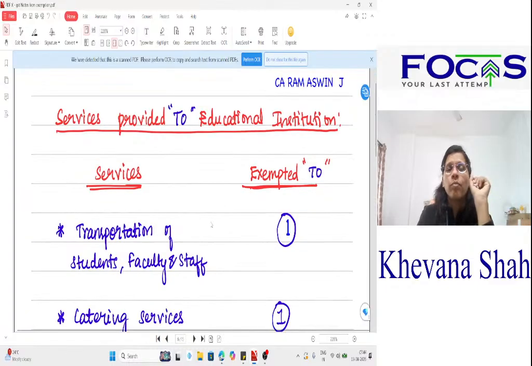Now, for cases where services are provided to an educational institution, if any transportation of students, faculty or staff is being provided to the educational institution for standard up to 12th, see here it is exempted.